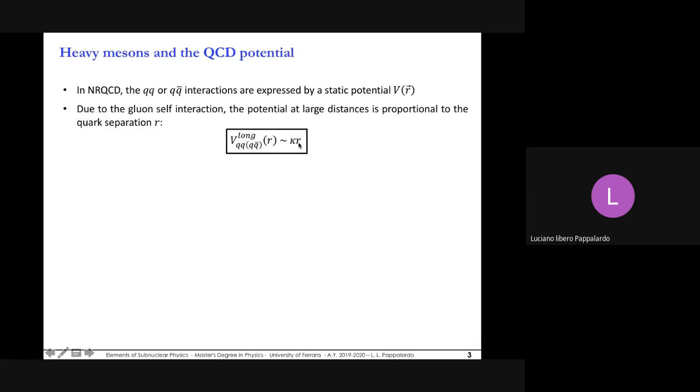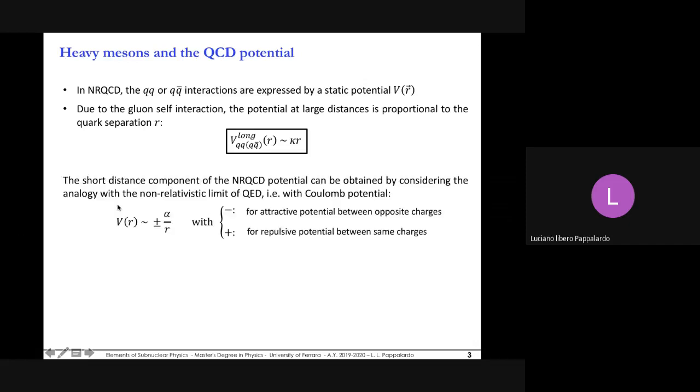The more the quark pair or the quark-antiquark pair are separated, the higher this potential becomes, and so you need an infinite energy to break the pair, essentially to create free quarks. But this is the behavior of the potential at large distances. What now happens at small distances?